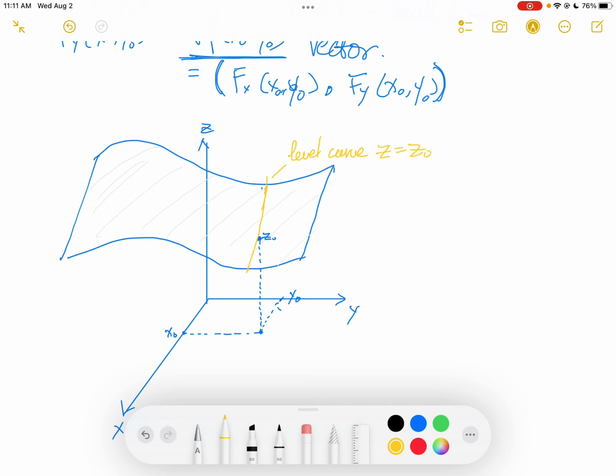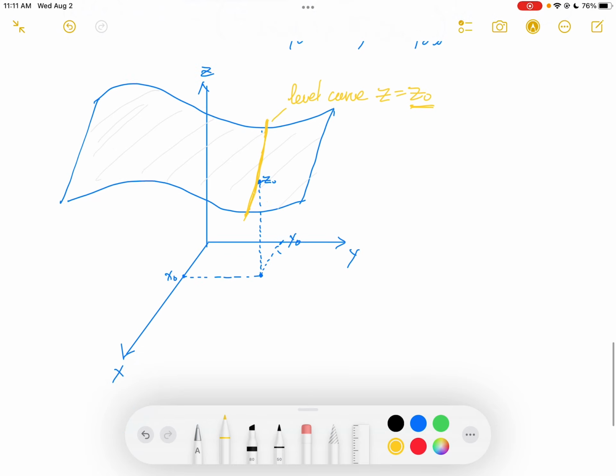So meaning that along this line on the plane, the z values are all z0, same height, same elevation, right? So then when this level curve gets translated down here, it's going to pass through this point, right? So let's say it's going to be like this line here. So this is our level curve, z equals z0, okay?